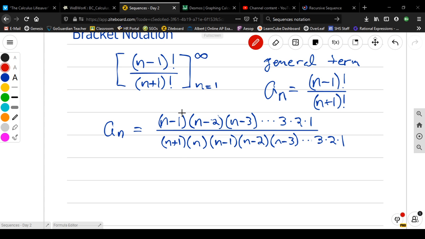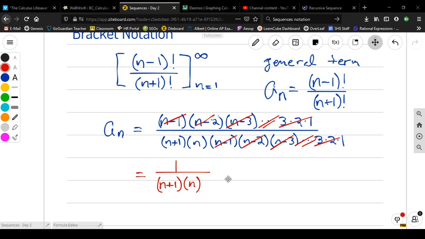Obviously, a lot of stuff is going to cancel out here. The n minus 1 over n minus 1 and the n minus 2s and the 3, 2, 1, and all the middle terms are going to end up canceling out. And so this general term really could just be written as 1 over n plus 1 times n, all right?